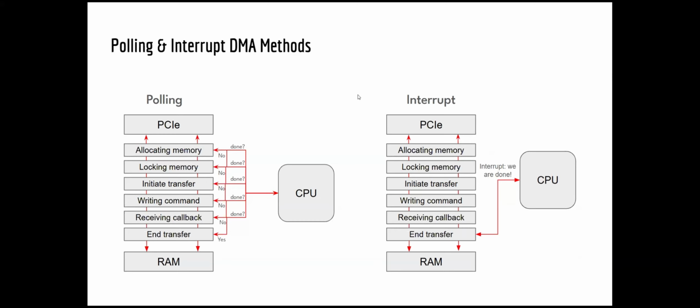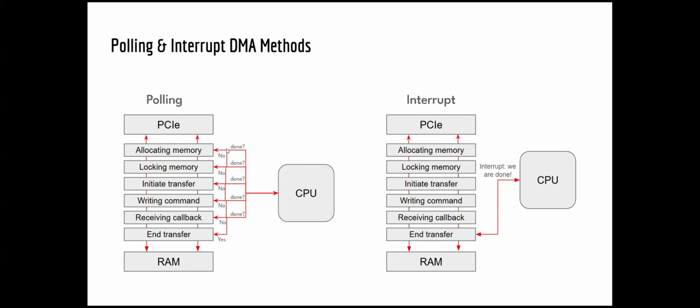Let's say the default or classic DMA method is polling. During polling, the CPU keeps asking the process or the driver, are you done? Are you done with the DMA? And if the answer is no, it moves to the next iteration, and then it asks, are you done yet?